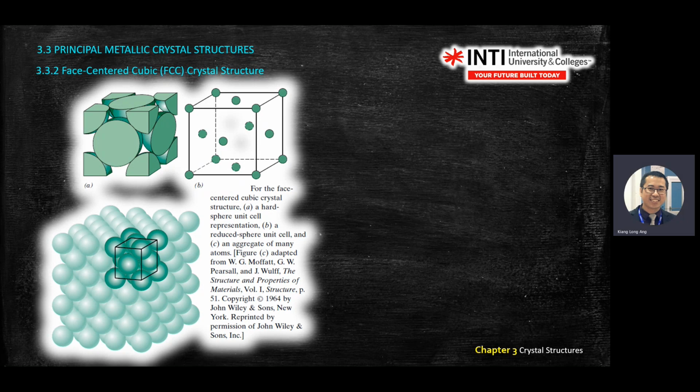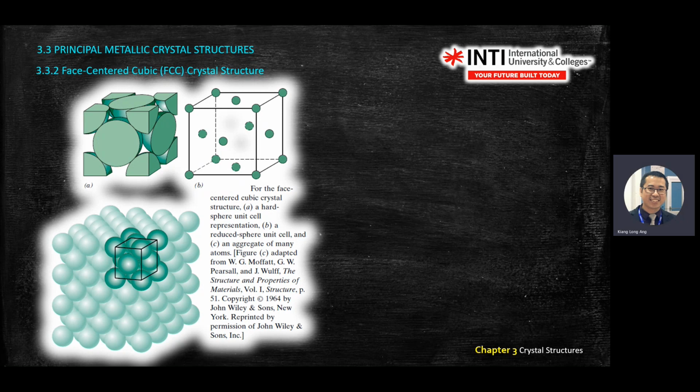It's like building a Lego. So you look at this hard sphere and combine all these spheres together. On each face, there's an atom at the center, and then you chop.